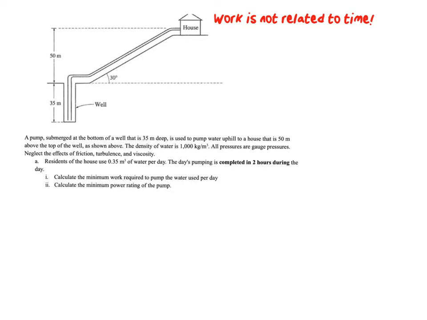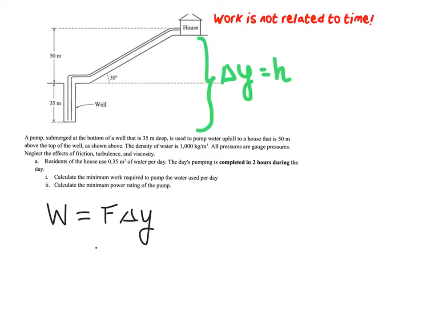Okay, so let's start by saying that the work needed to raise the water from the well up to the house is F times delta y, and I'm going to use delta y here instead of delta x because of vertical displacement. The force would be the weight of the water times the y displacement.